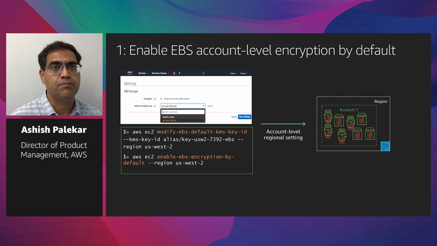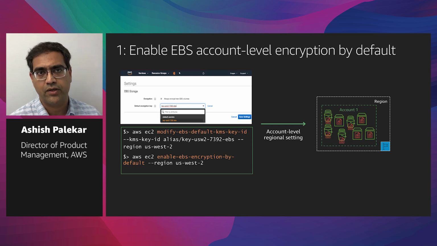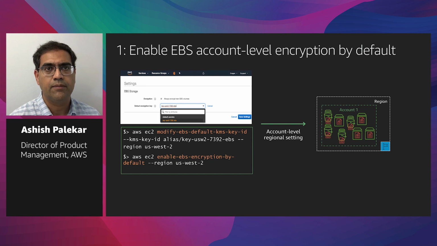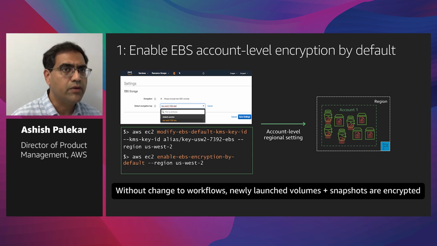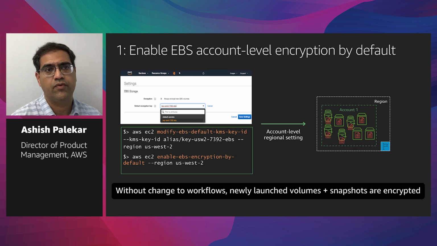And behind the scenes, because of the properties of encryption, snapshots created from that volume are also encrypted. And so you now can transition from having unencrypted volumes to having volumes that are fully encrypted. And that is the cool part, is without change to any of your existing workflows, you can ensure that newly created volumes and snapshots are fully encrypted.